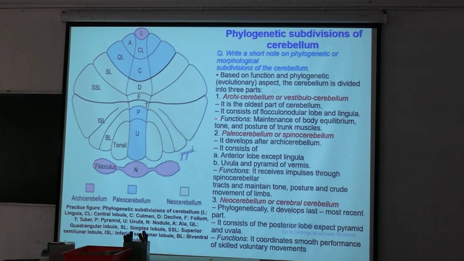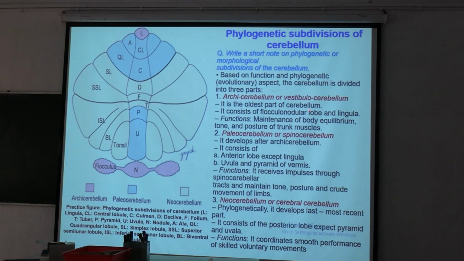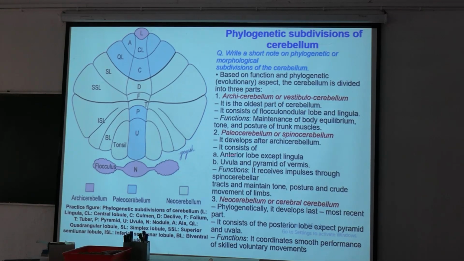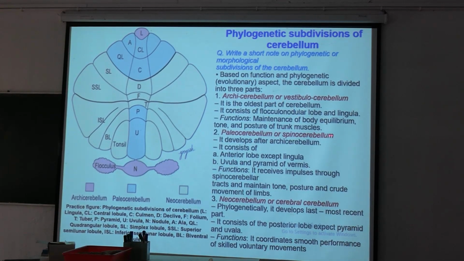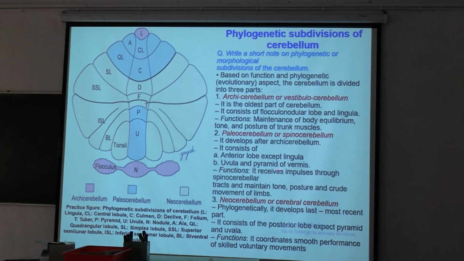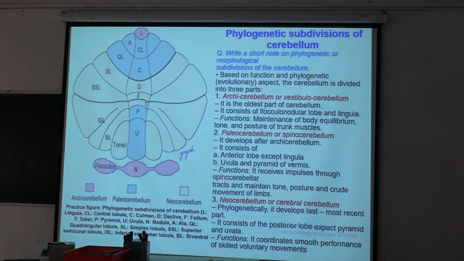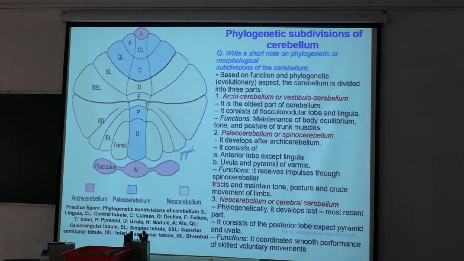Okay, so based on function and evolutionary aspect, the cerebellum is divided into these three parts. Archicerebellum or vestibulocerebellum is the oldest part of the cerebellum and consists of the flocculonodular lobe and lingula. Its function is maintenance of body equilibrium, and tone and posture of the trunk muscles. Paleocerebellum or spinocerebellum develops after the archicerebellum and consists of the anterior lobe except lingula, and the uvula and pyramid of the vermis. It receives impulses through the spinocerebellar tracts and maintains the tone, posture and crude movements of the limbs.